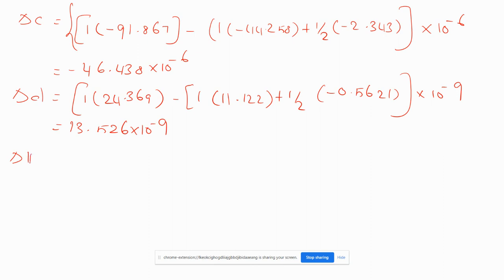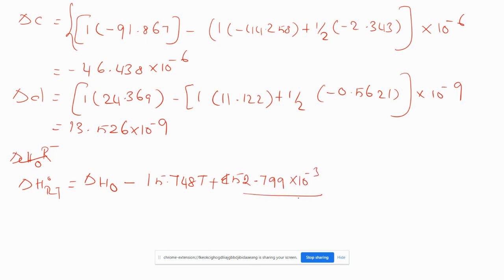So now del H0 at T will be del H0 minus 15.748 T plus del B by 2 T square. Now substitute the del B value: 52.799 into 10 power minus 3 by 2 T square plus del C by 3 into T cube.